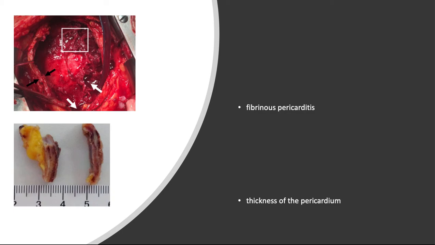Black arrows on the upper picture on the left indicate thickened pericardium. White arrows on the same picture indicate hemorrhagic pericardial effusion, and the white box, also shown on this picture, indicates massive fibrinous pericarditis.